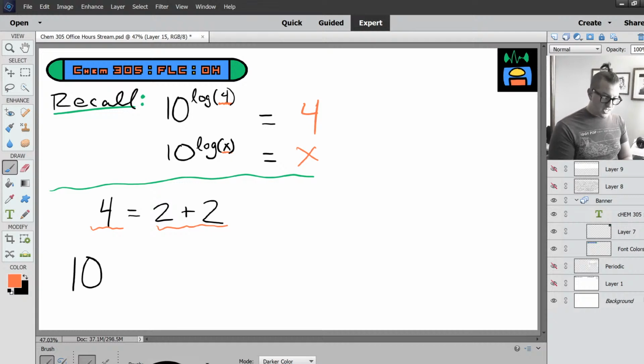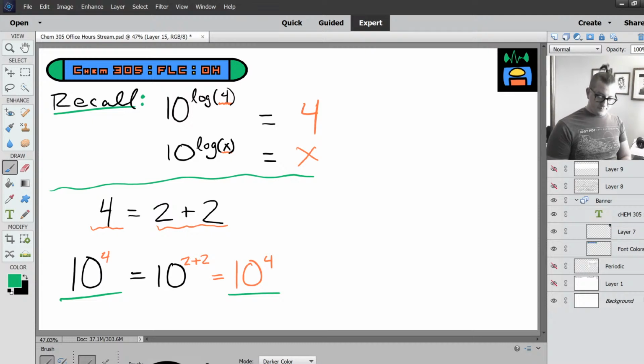You can write an equation that says 10 to the 4th is equal to 10 to the 2 plus 2, and it's still true, right? Because this 10 to the 2 plus 2 is just 10 to the 4th. They're the same no matter what.